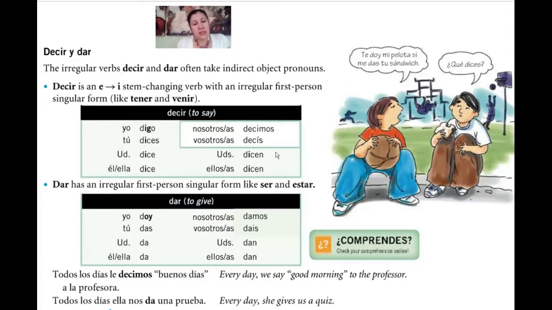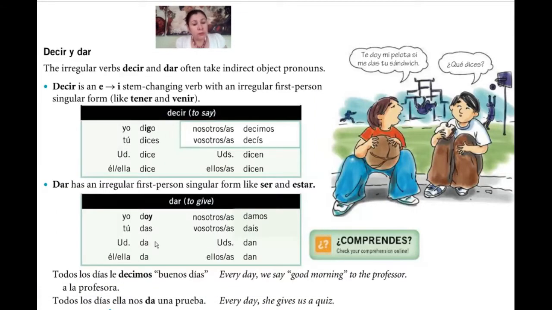The rest is a stem changing verb, with the E changing to I. So that's what it is for decir. To tell and to say, we convey those two meanings when we compare to English.